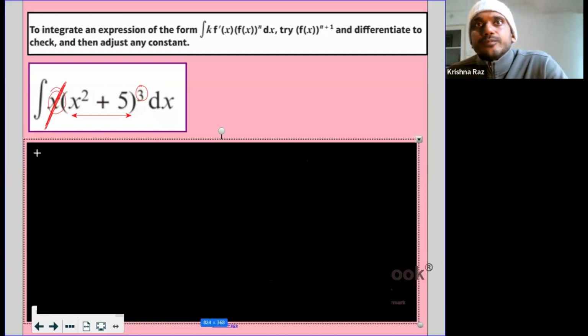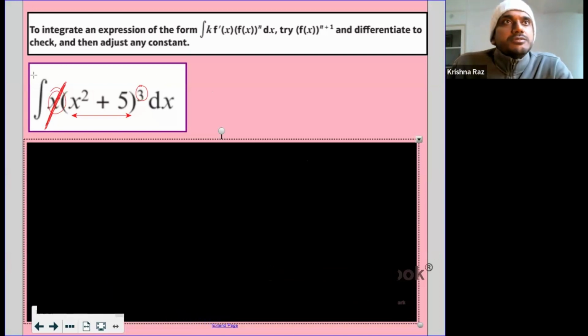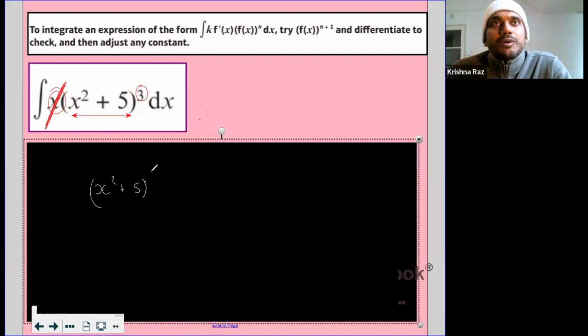So with the reverse chain rule, we've noticed that the answer must be (x squared plus 5) to the power of 4 over 4 plus c. But there's a potential that we're going to have to multiply by a constant.